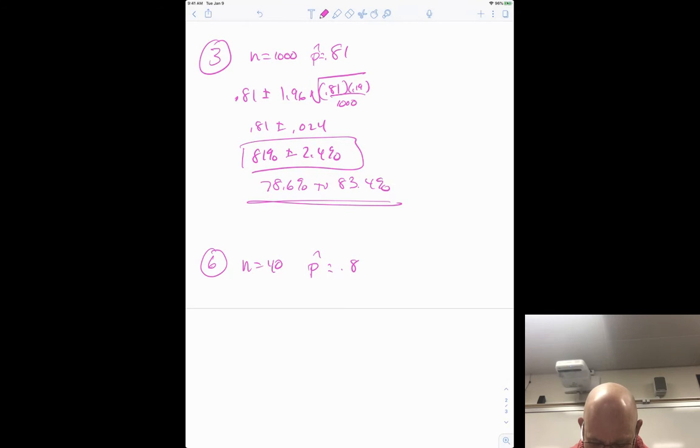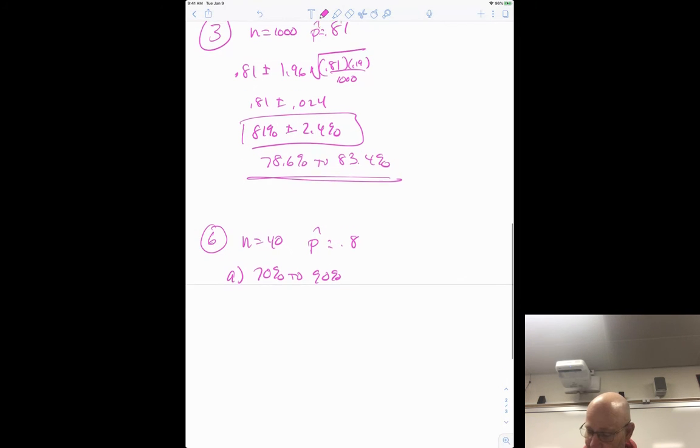80%, I'm getting somewhere between like 70% to 90-ish%. Might be more like 68 to 92, but it's hard to tell on that chart. And then it says use the formula.